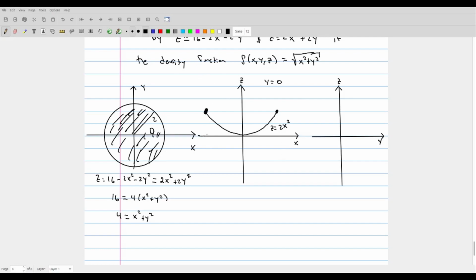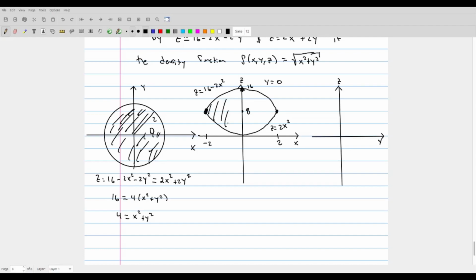And this point right here is -2 and +2. And you're going to see as an upper bound the function z is equal to 16 minus 2x squared. So the intercept is 16, and this height right here is 8.